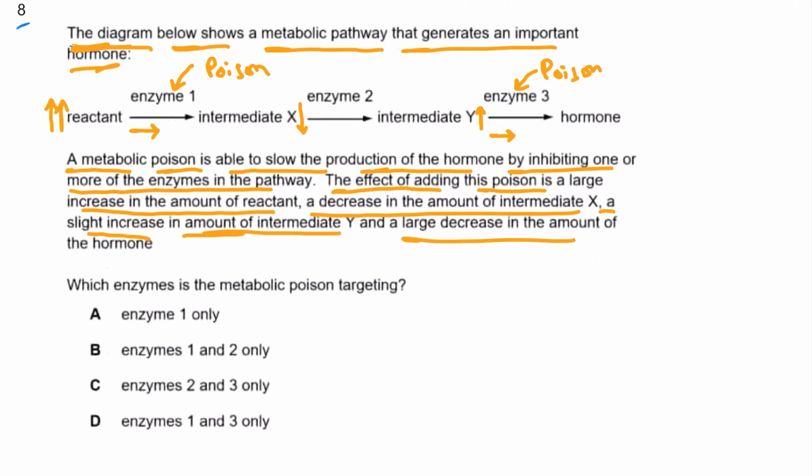And there's a large decrease in the amount of hormone. So by this information, we can be sure that enzyme 1 and enzyme 3 are blocked by the poison. Which enzymes is the metabolic poison targeting? It is targeting enzyme 1 and enzyme 3. The answer is D. Let's move on to MCQ number 7.